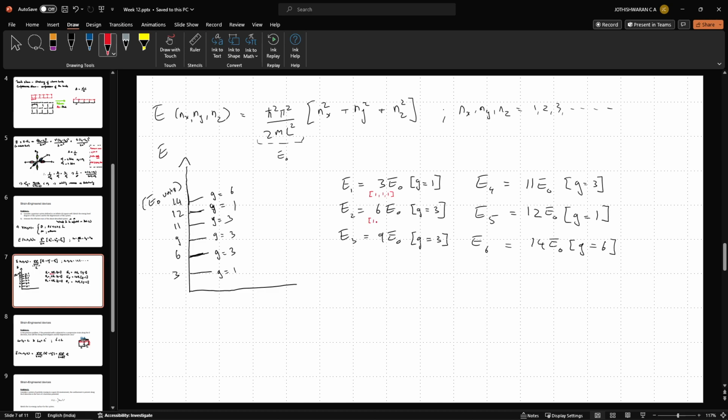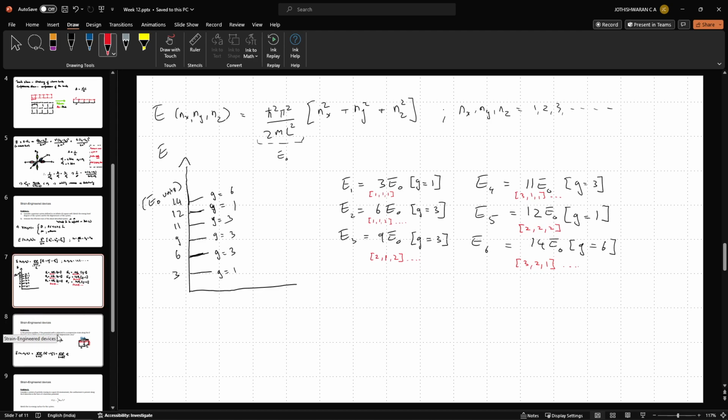This is 1, 1, 2, etc. This is 2, 1, 2, and associated permutations. This is 3, 1, 1, and permutations. This is strictly 2, 2, 2, and this is 3, 2, 1, and all associated permutations.